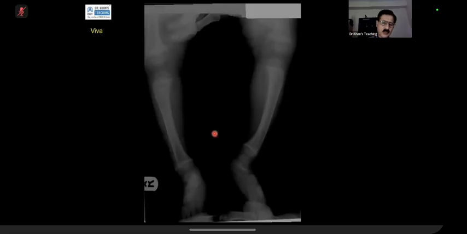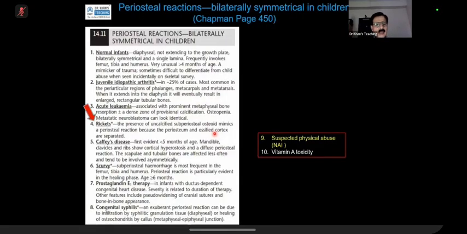Right. Okay, let me take over. Now, this differential diagnosis is my favorite differential diagnosis. I think I've taught this many times, which is bilateral symmetrical periosteal reaction in children. I don't have time today to teach everything, but we'll just concentrate on the film itself, rickets. Basically, if you go back to the pathophysiology, in a usual growing skeleton there is osteoblastic and osteoclastic activity.